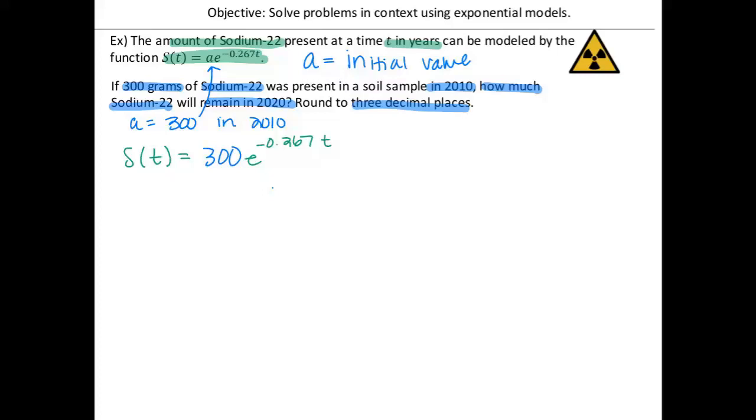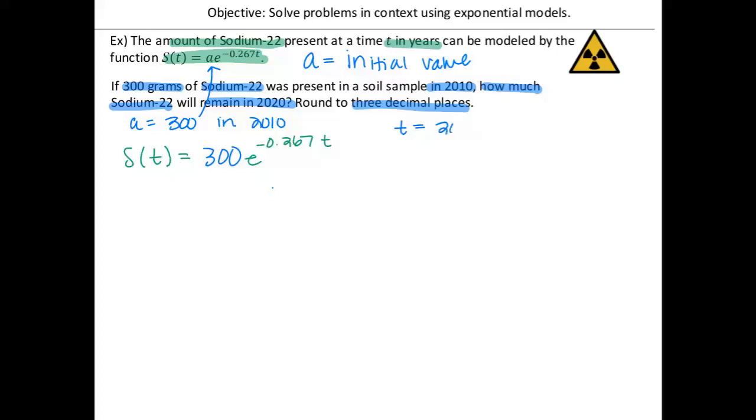All right, then it goes on to say how much would remain in the year 2020. So because I'm starting in 2010, how many years have gone by for the year 2020? 10, good.